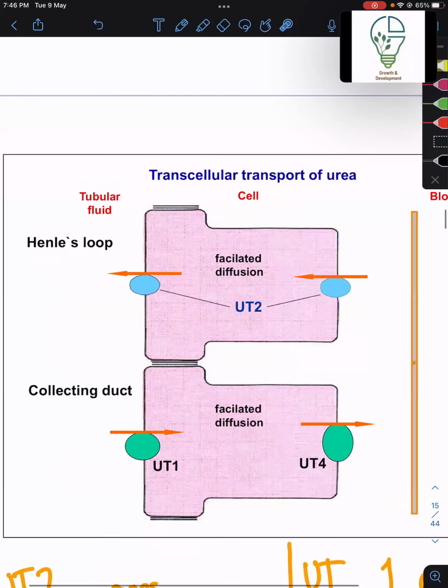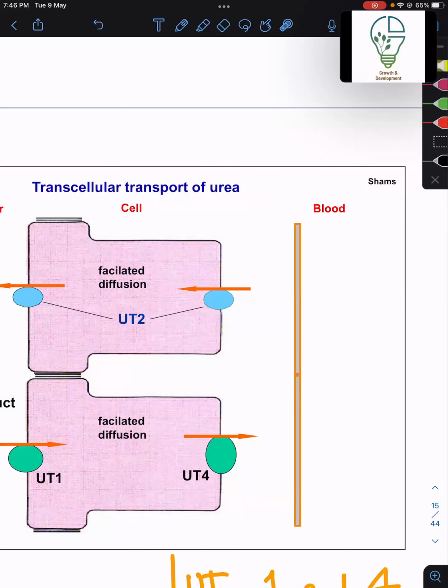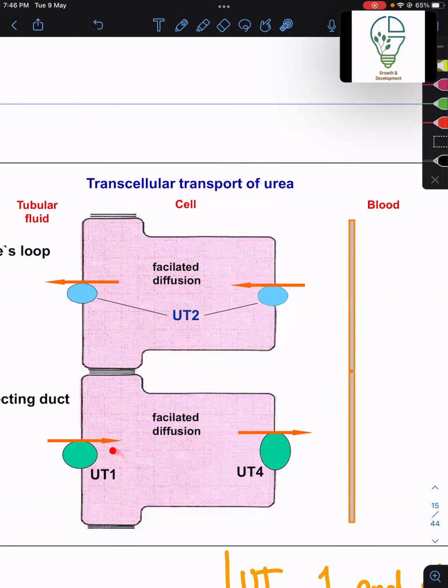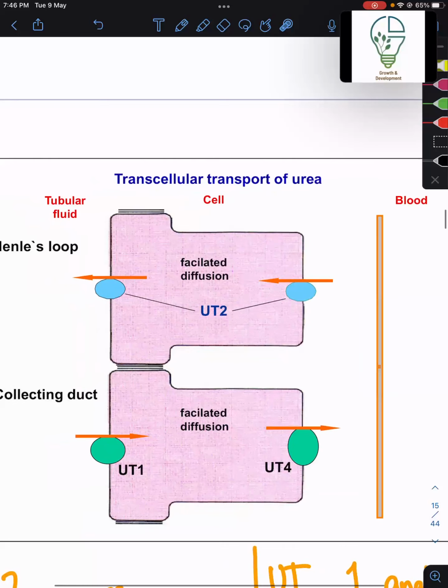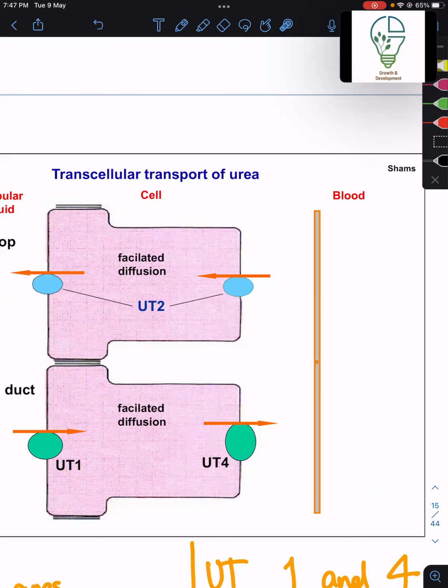On the other hand, if the urea is going from my tubular fluid across the cell into my blood, it's going to first use urea transporter 1, and then it's going to use urea transporter 4. Urea transporter 1 is on the basolateral side. I would know the location of where these transporters are. It's on the side which connects the tubule to the cell. And then urea transporter 4 connects the cell to the blood.